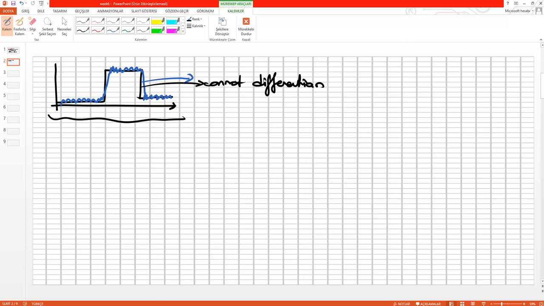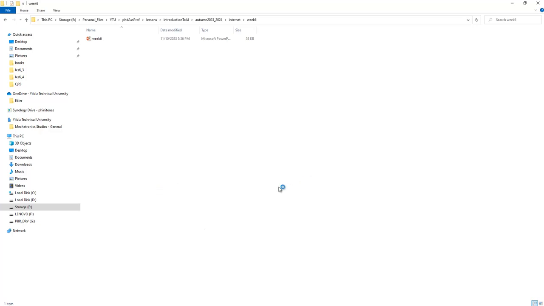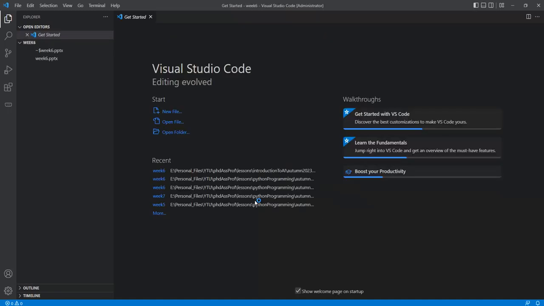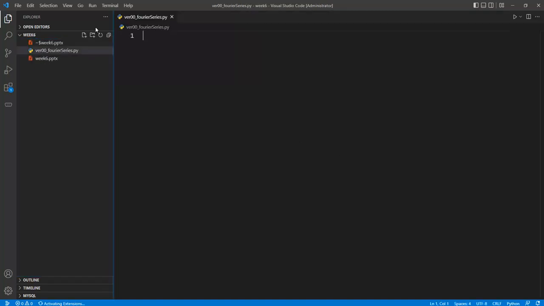Firstly, we need to open this code like this one, the first example, to create this Fourier series. Okay, so firstly, the Fourier series .py file must be given in here like this one.